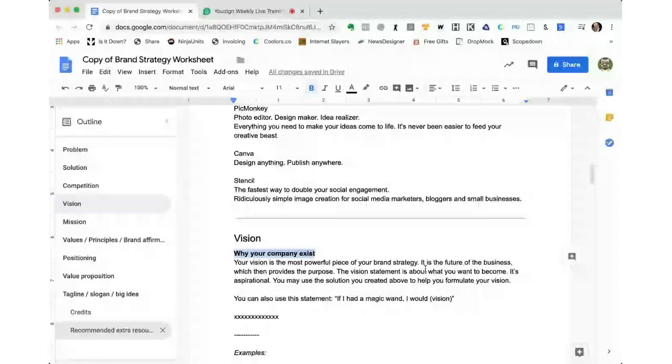Your vision is the most powerful piece of your brand strategy. It's the future of the business, which then provides the purpose. The vision statement is about what you want to become. I want to take what I'm passionate about, because that's going to propel me into the future. I can't create a passion out of nothing. I can't create a passion out of a desire to make money.